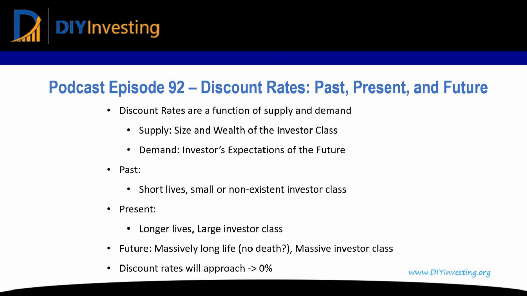What matters is the mindset change. The change in discount rates will only occur once the person that's currently 50 expects to live to 150. And when that expectation changes, you'll see the discount rates change as a secondary element.